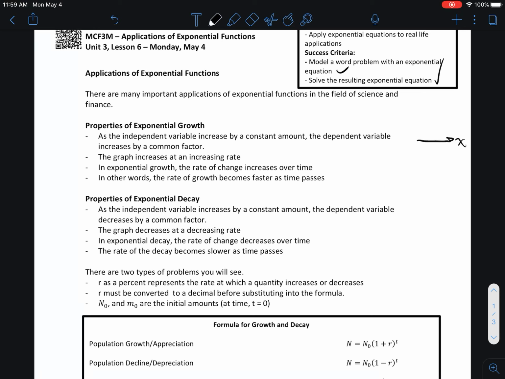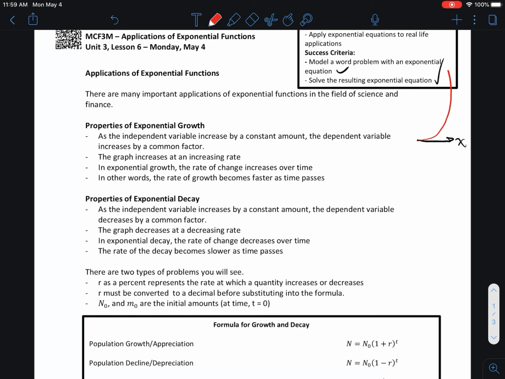So, properties of exponential growth, okay? As the independent variable, the x-axis, increases by a constant amount, the dependent variable increases by a common factor, right? What that ends up doing is it creates this curve, right?